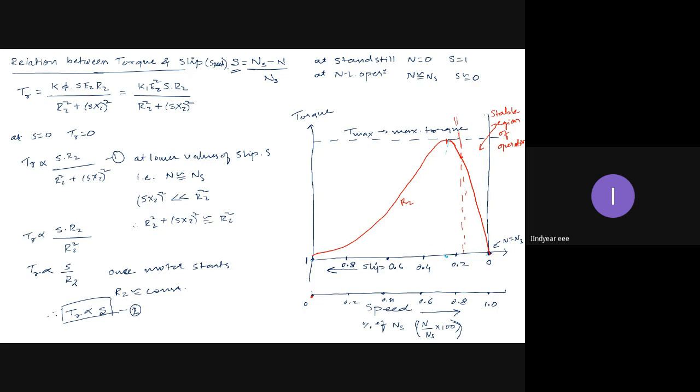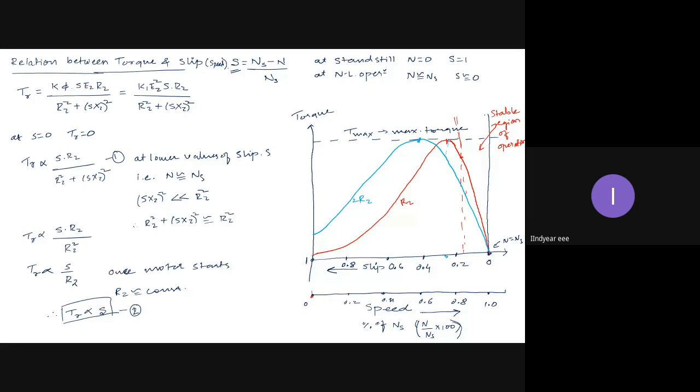Here the curve will still be linear at first, but the point at which the same maximum torque value is occurring will increase. So it may be 0.42 or 0.45.